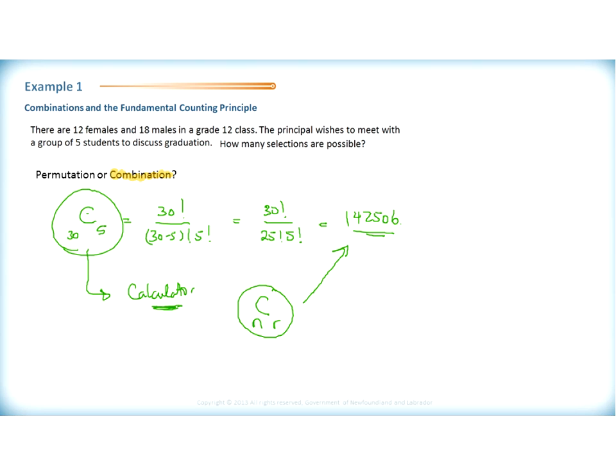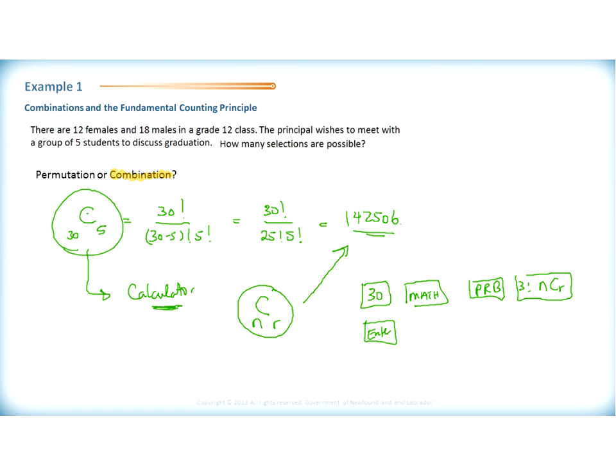So again, on the TI-83 or TI-84, you type in 30, then you press math. Then you go over to probability, and then you go down to number 3, which is nCr, and you press enter there.